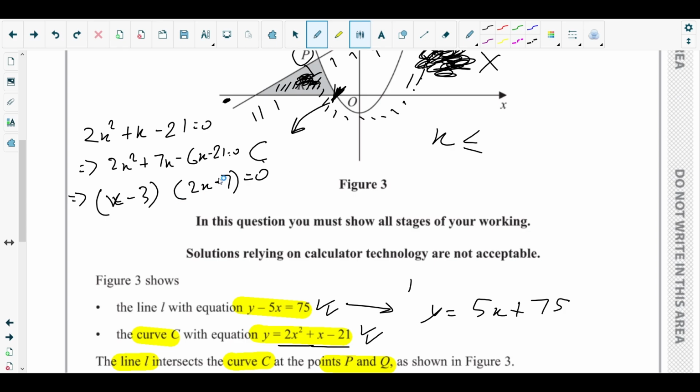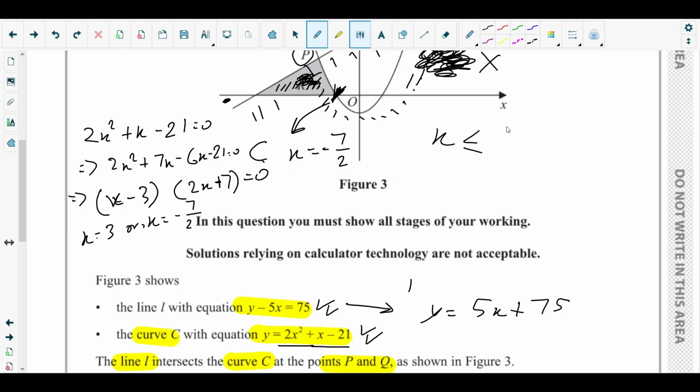Plus 7, sorry, it would be plus 7. So either x equals 3 or x equals negative 7 over 2. So which one is the negative value? Negative 7 over 2. That means here x equals negative 7 over 2. This is just solving it, it's rough work.